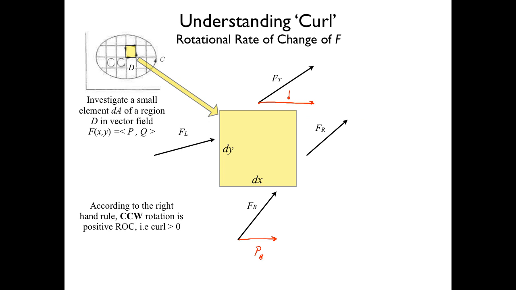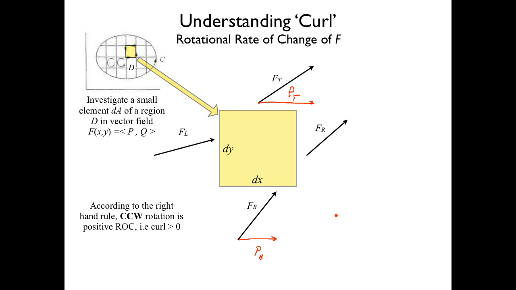So that's P sub T. Do you see that P_B and P_T are going to try to rotate around this thing? If you pull on the bottom and the top laterally, it has a rotational effect on that spot. Does that make sense?